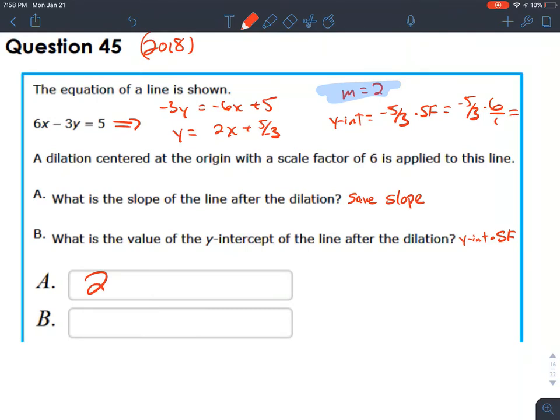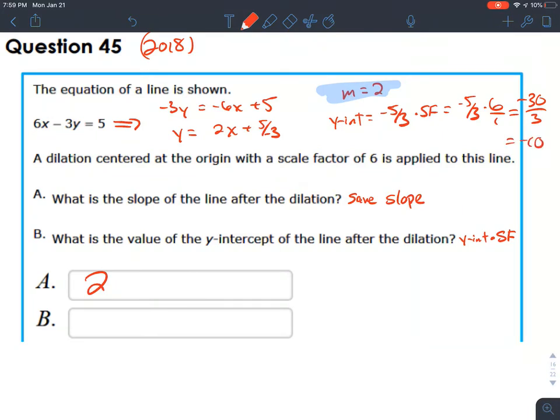When you multiply two fractions, you multiply the tops together and the bottoms. Something tells me I made a mistake here. Yeah, I did not make a mistake.